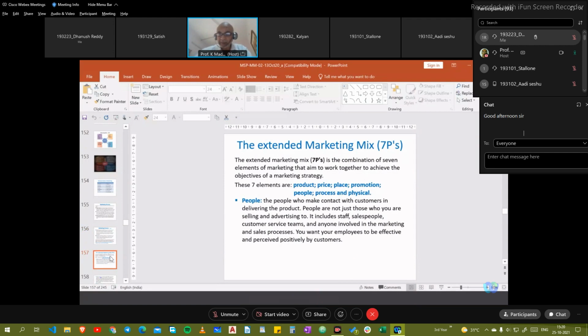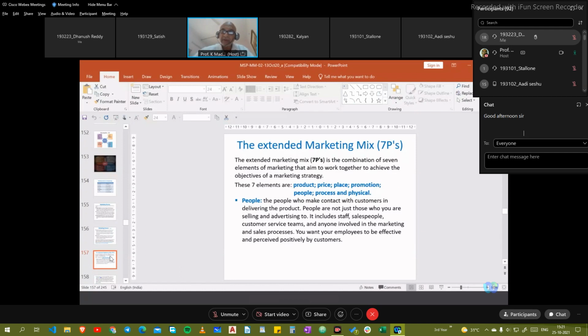Each one of them is important for the satisfaction generation. And in that sense, everyone that is involved with the marketing and sales process is included in the people. So the recruitment, selection, training, and keeping them happy to perform, to have that sort of belongingness for the job and for the organization is most essential.